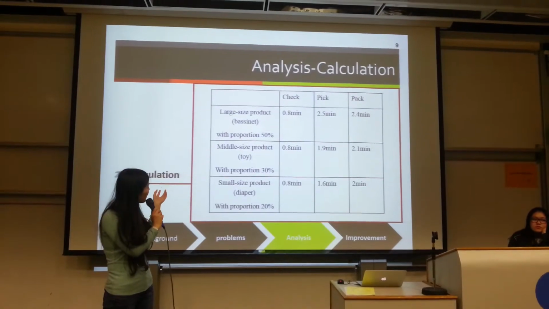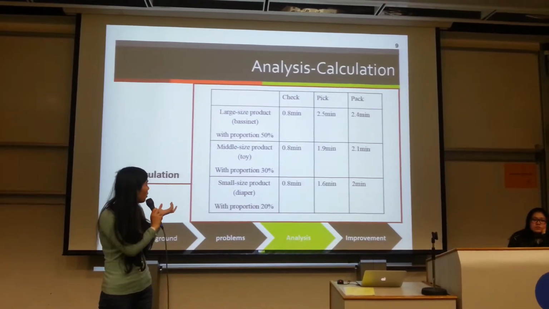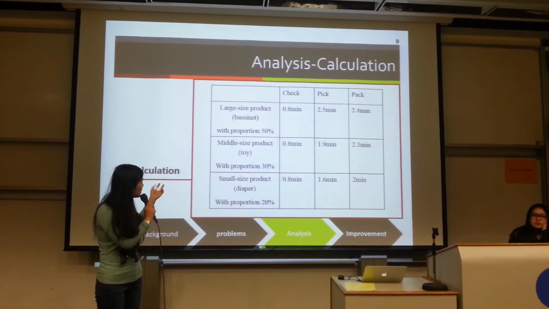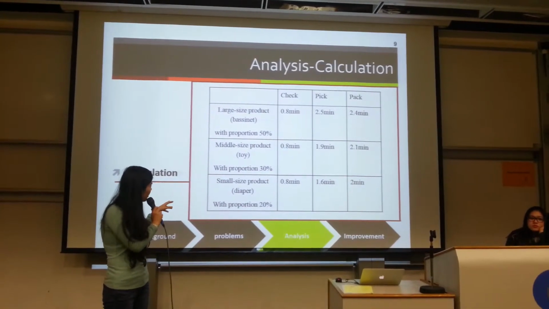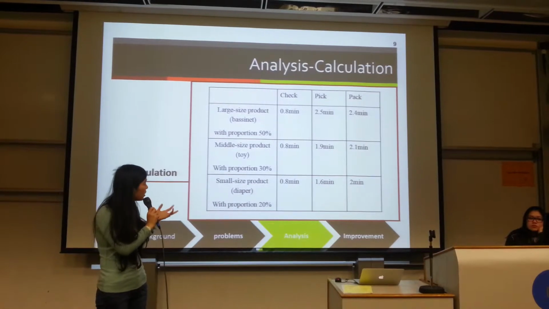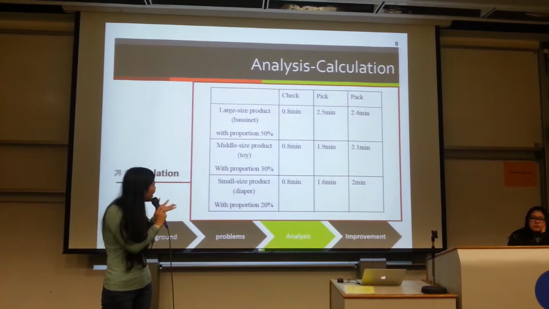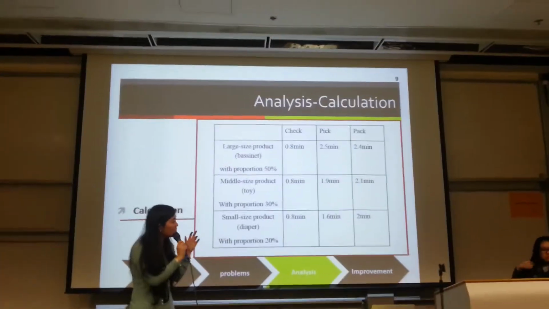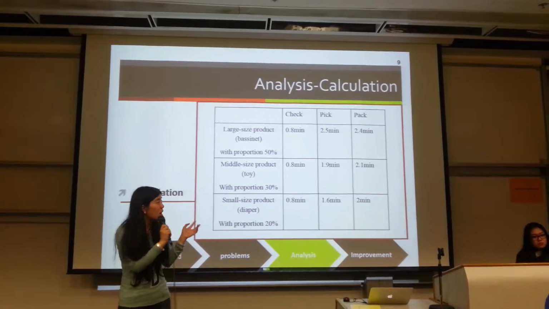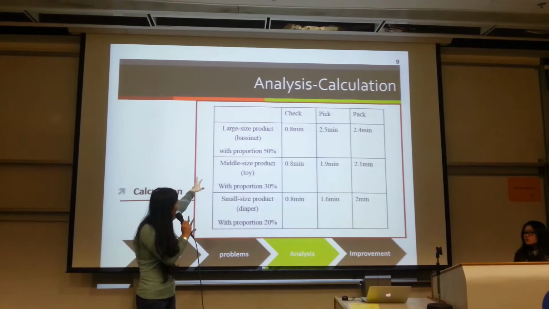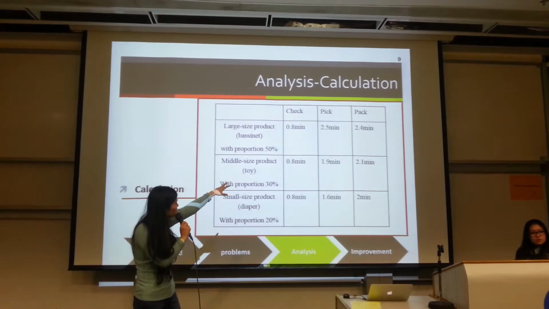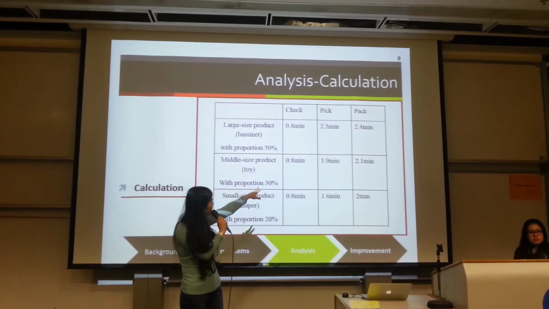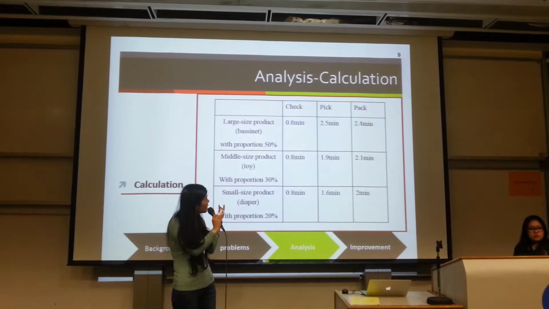The large size bassinet accounts for 50% of the total sales, the middle size product accounts for 30%, and the small size product accounts for 20%.